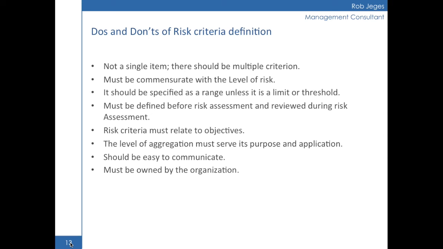But that's where it gets tricky, because what is the value of reputational loss? How would you compare that to the value of a loss of life or things of that kind? So it is not always possible to aggregate to that level. You may end up having a number of categories, but that's fine. And that's a better approach than trying to have a universal single number.